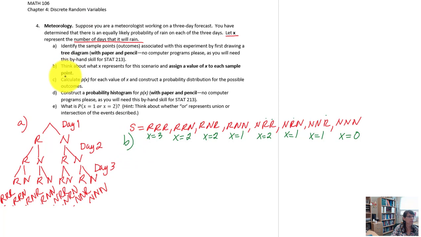In part C, we're going to calculate the probability of x for each value of x and construct a probability distribution for the possible outcomes. So our values of x, or values that x may assume, are 0, 1, 2, or 3.